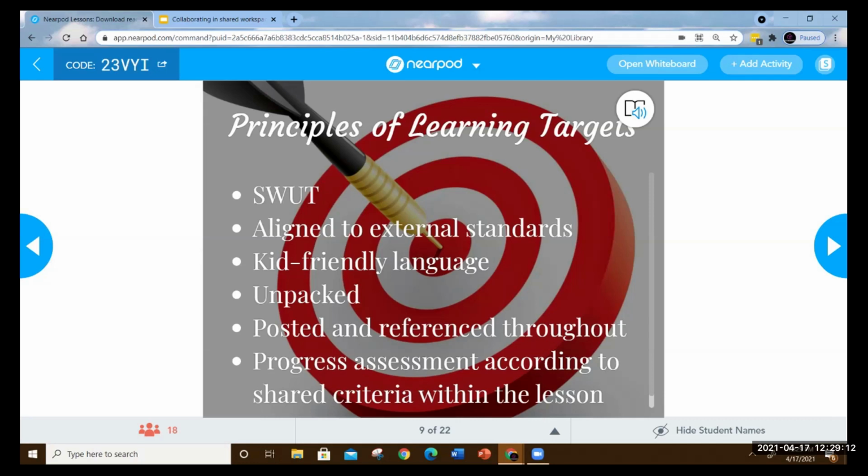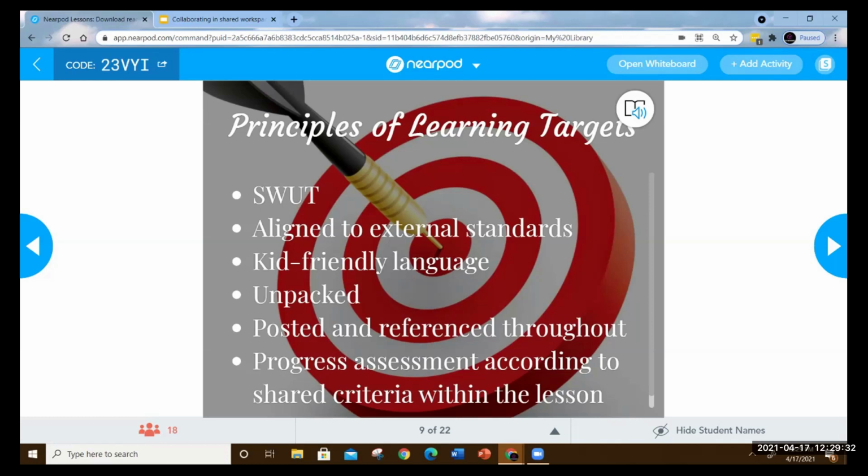Now, when we talk about unpacking, what we mean is that when you put that learning target out there, you don't just read it to them. You actually read through it with them and you unpack the elements of it together and you explain what you are doing today.